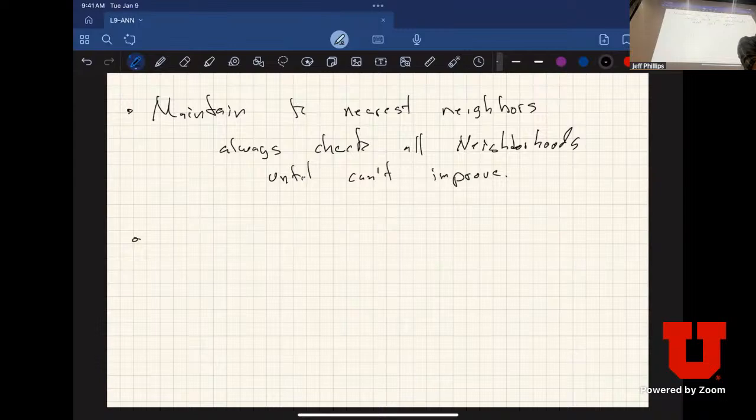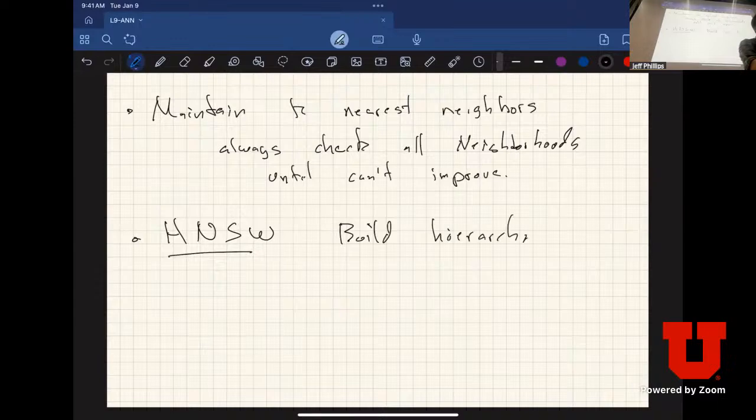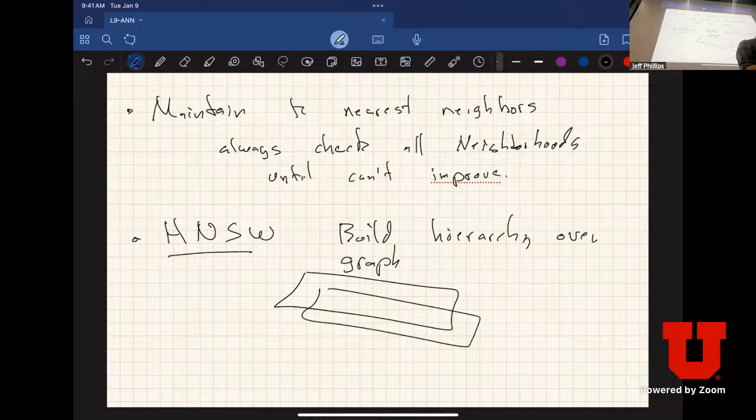The other one is called Hierarchical Navigable Small World, HNSW. What this does is it builds a hierarchy over the graph. So you think of having these layers of the graph, and the first layer might be very sparse.